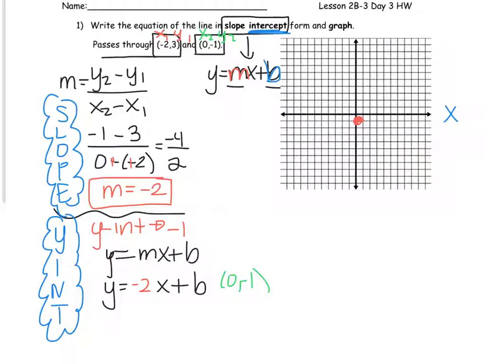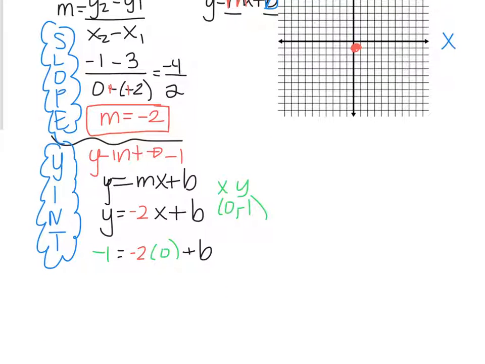You'd plug in -1 for y, and you would plug in 0 for x, and you would solve for b. Now, everyone and their grandma can see what happens here: -1 is equal to -2 times 0, which is just 0. 0 plus b is just b. So again, our y-intercept, our b, is equal to -1.